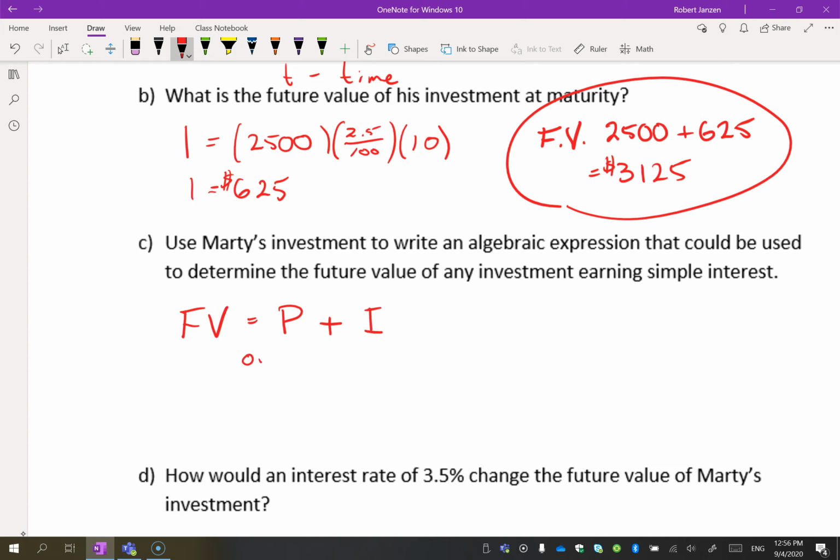Another way we could write this is instead of putting interest there, we know that interest is PRT. Sometimes you're going to see this. Don't panic about this. If I factor out the P, you're going to see this formula. And future value, a lot of times we use the letter A. Means the same thing.